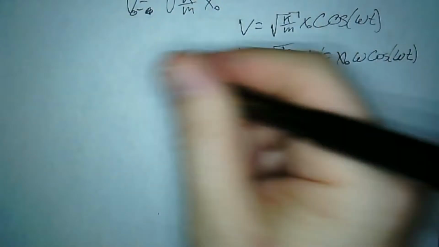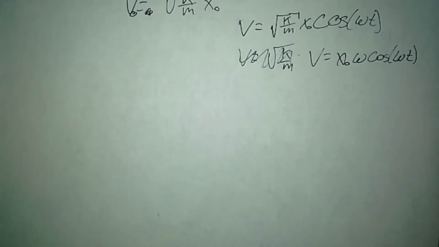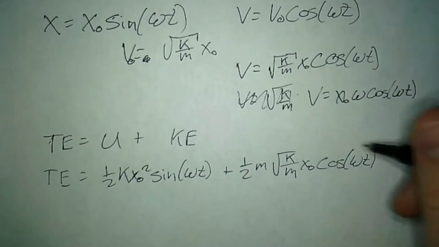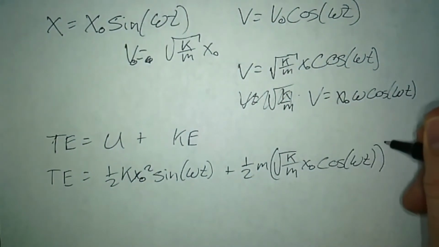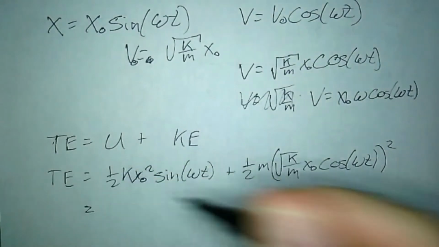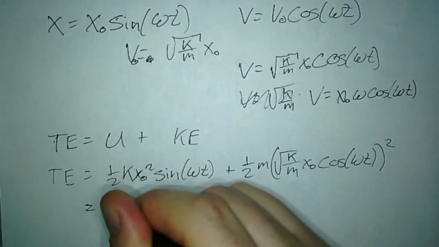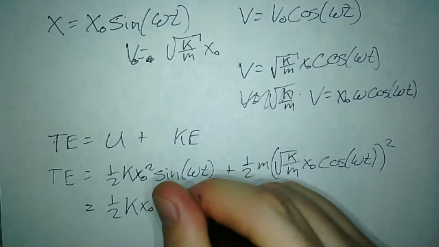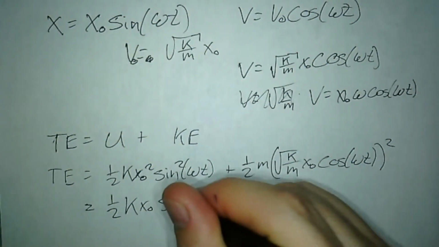So when I look at my energy equations, let me write those out for you. I can get to here, but I have to actually square this term, right? Because that's squared. So let's rewrite this again and pull out 1/2 k x naught squared. Oops, I forgot to square the sine.